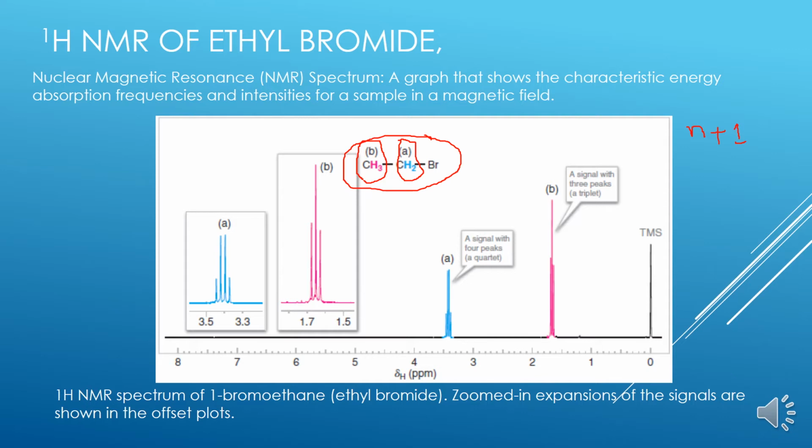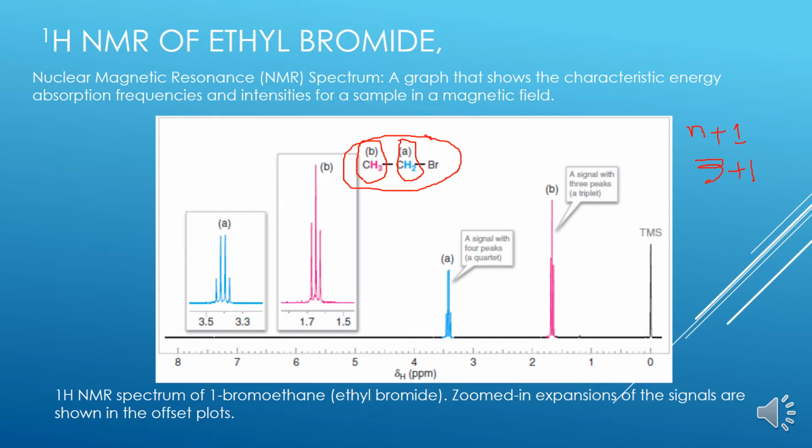So this CH2 methylene group splits into 3 plus 1, that is 4 peaks, because the number of neighboring protons with respect to CH2 is 3.